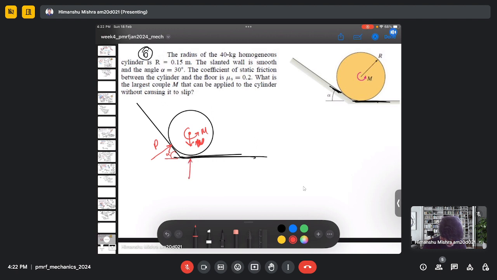There will be a normal reaction here and the friction force. And we need to consider the moment here. Sorry, we need to find the moment here.